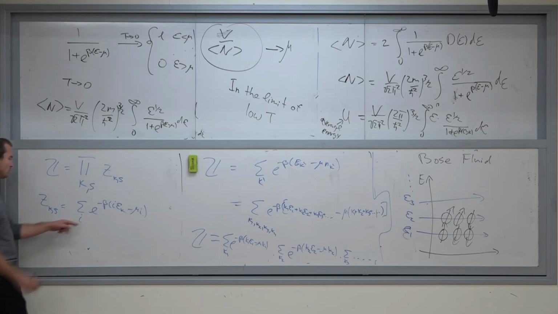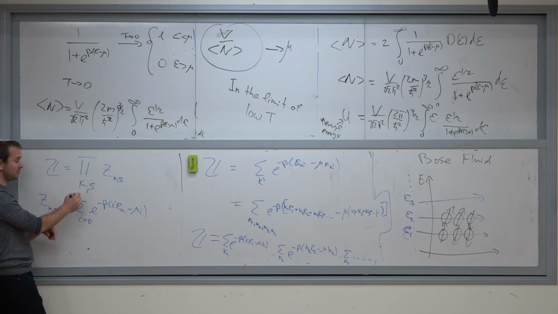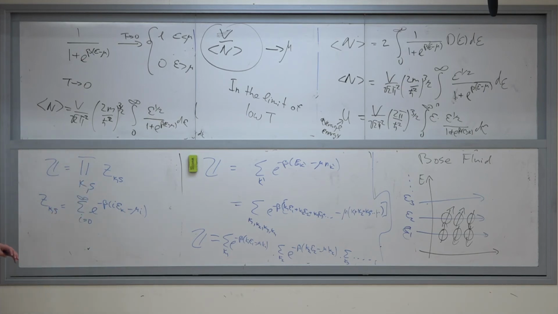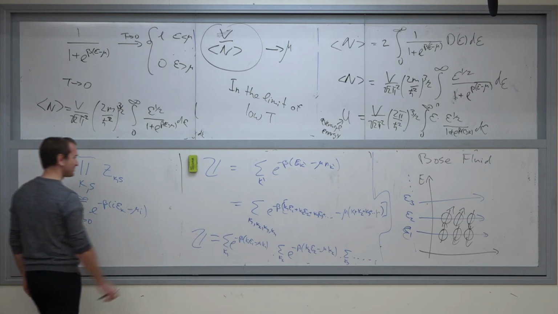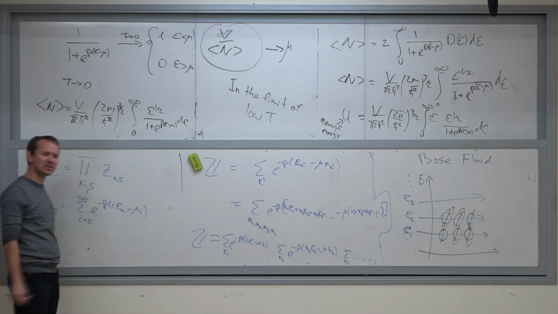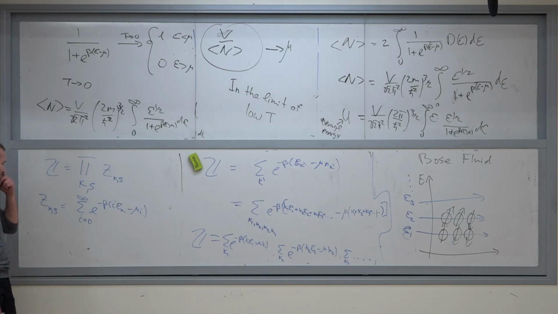Okay. i goes from 0 to, for the fermionic case, just 1. For the boson case, well, there could be an infinite number of particles. Can I have a system that has an infinite number of particles at state 1 and an infinite number of particles at state 2? Yes, of course. This is the point of the grand canonical potential. I don't care about the restriction of the number of particles.